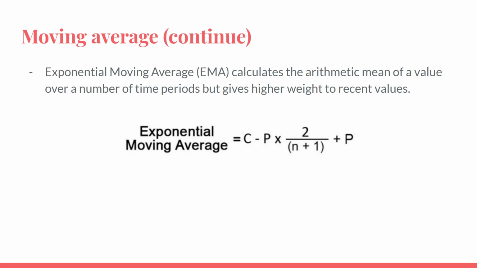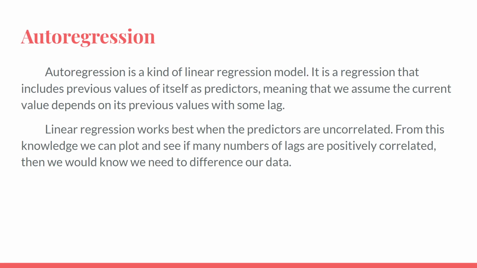Next, we move to autoregression. Autoregression is a kind of linear regression model. Auto means self, and it is a regression that includes previous data of itself as predictors, meaning that we assume the current data depends on its previous values with some lag.